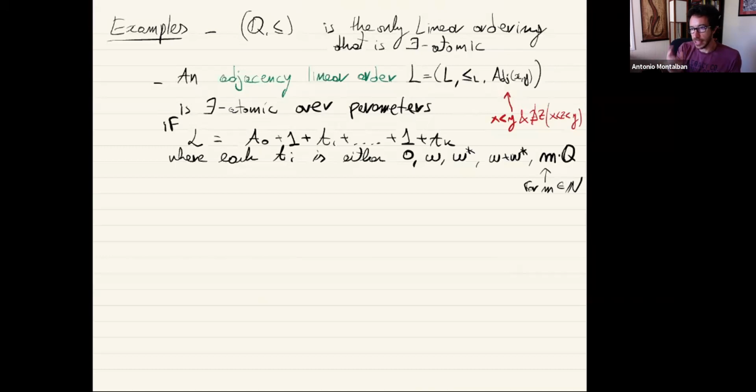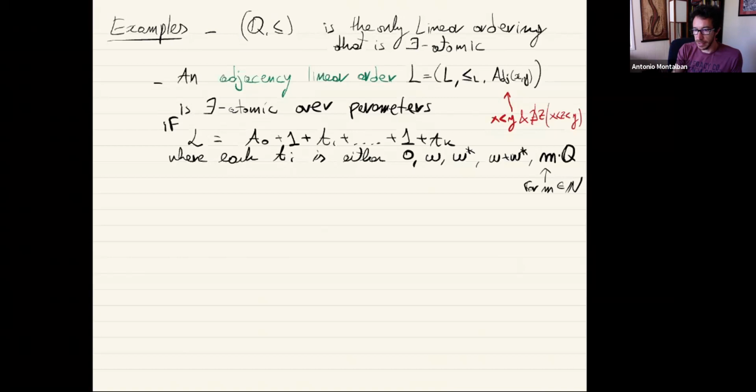So when you add the adjacency, it's kind of like going one level up in the Scott rank. I'm not going deeper into that. That's another part of the book. But the adjacency relationship is one more quantifier and it's complete. So these are exactly the ones of Scott rank 2 with parameters.